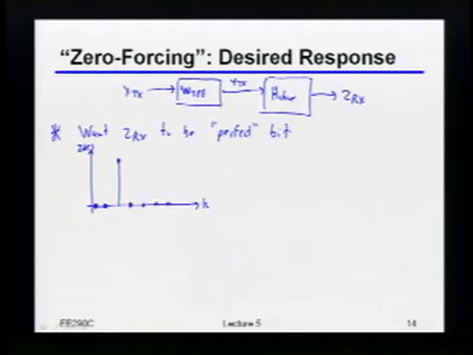In other words, it has that 1 bit that I sent in some position and 0 everywhere else. Now, this is where we get into the discussion about what you asked about with the precursor. You should notice here that I didn't necessarily place this at the 0 position. I could say that I want my desired thing to show up 2 symbols later, or 10 symbols later, or 5 symbols later.